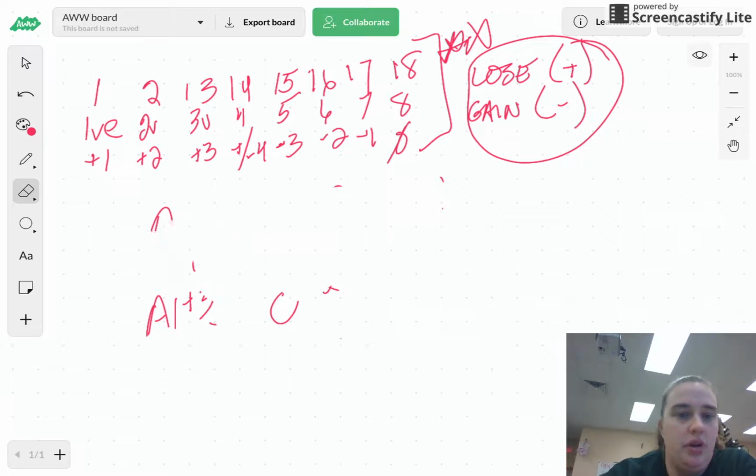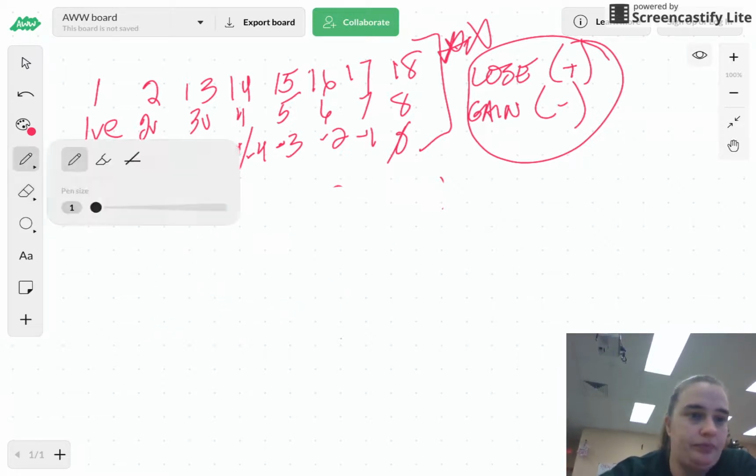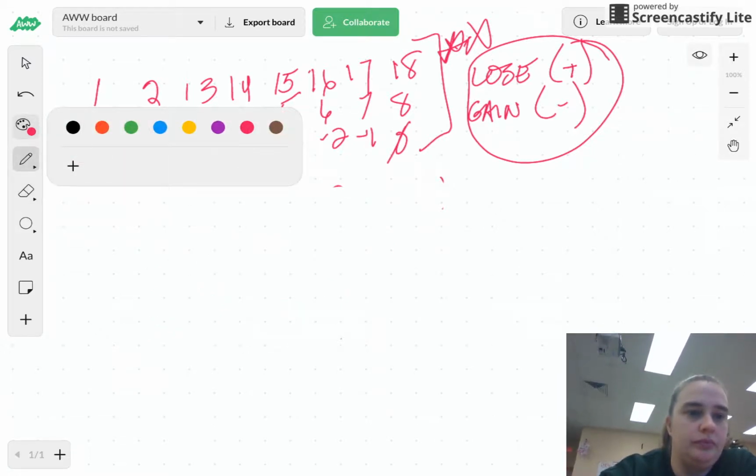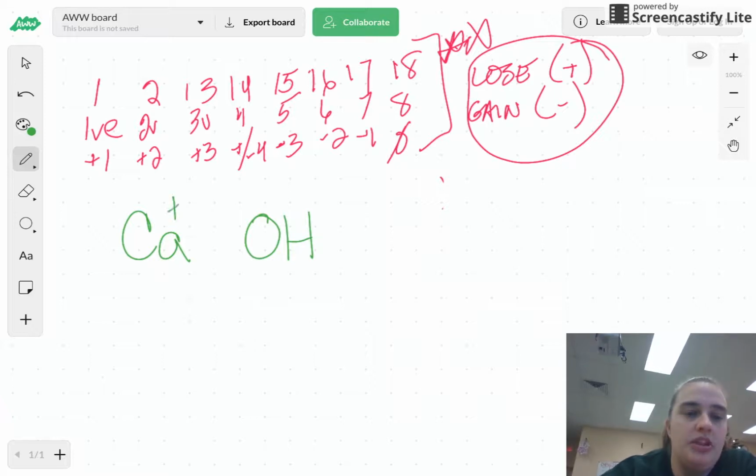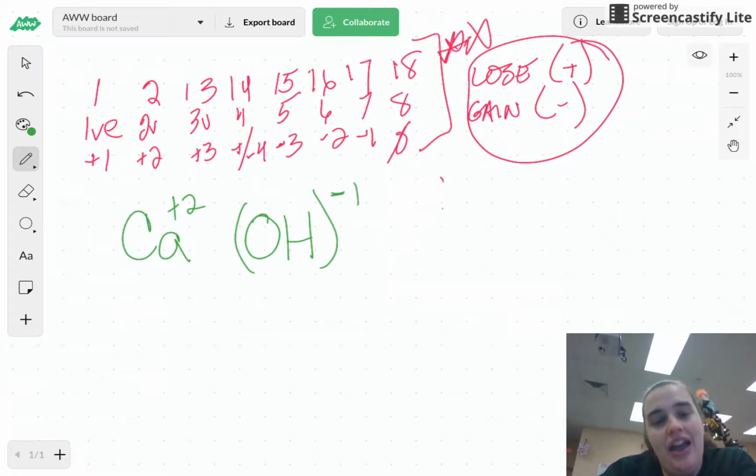Now let's do one with a polyatomic ion. We're going to go with calcium and hydroxide. Calcium's a +2. Looking on the back side of the periodic table, OH, all of that is a -1 charge. So if I have to add something, I have to add that whole thing.